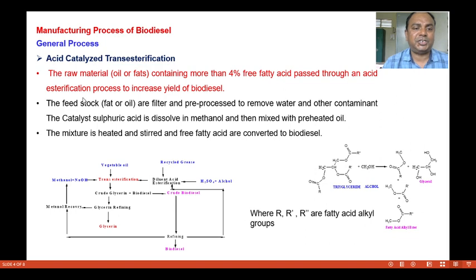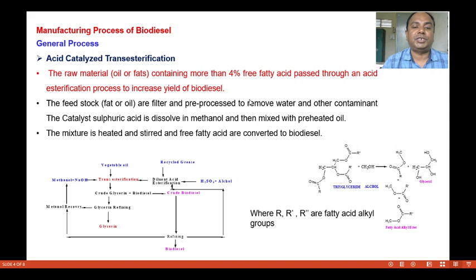So in this reaction, whenever the free fatty acid content is more than 4% in any of the raw material, it is transesterified in the presence of acid.